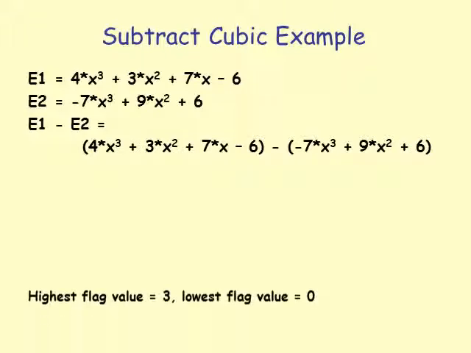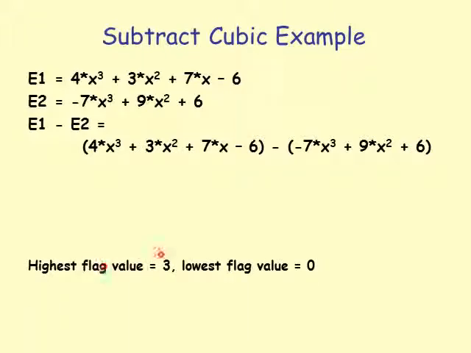Let's continue here. The highest power value is 3 and the lowest power value is 0. This is a 3 here, and the constant term has a power value of 0. Power value 3, 2, 1, and 0. Same thing here, power value 3, 2, and 0.